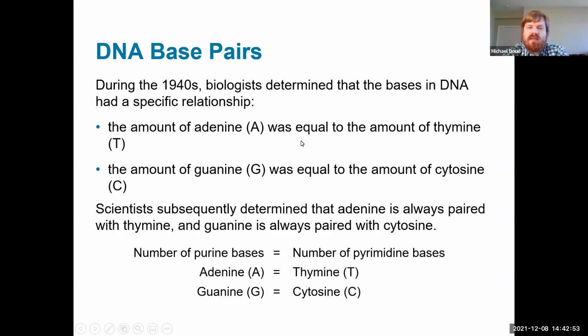So it seemed like at the time, there was some kind of base pairing going on, where adenine always paired with thymine and guanine always paired with cytosine. So basically, you just had the overall structure here that the number of purine bases equaled the number of pyrimidine bases, because the number of adenine equaled the number of thymine bases, and the number of guanine equaled the number of cytosine bases. So A equals T, G equals C. So some base pairing was going on.